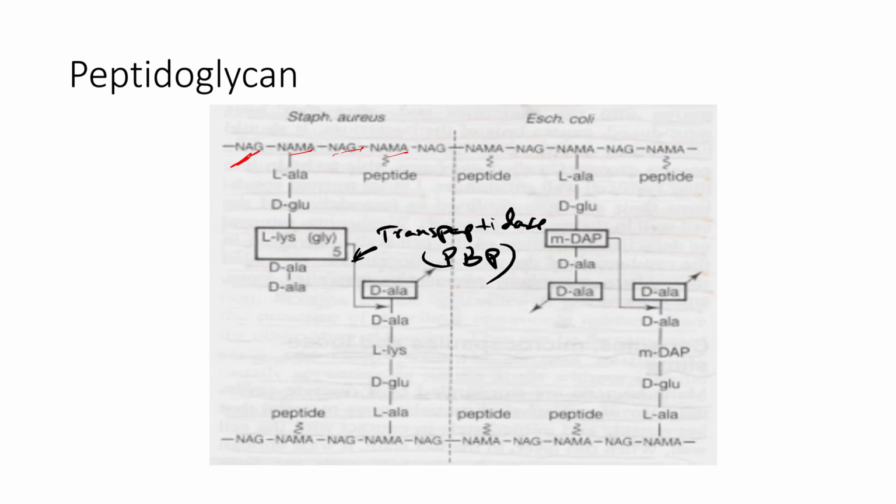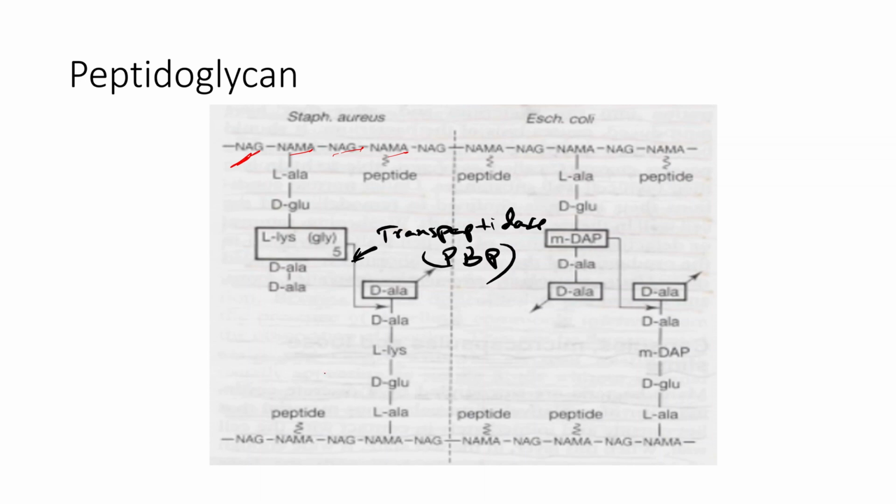Then there is a pentapeptide chain attached to the N-acetylmuramic acid molecule. In gram-positive bacteria, this is L-alanine, D-glutamic acid, L-lysine, D-alanine, D-alanine. That is the pentapeptide side chain attached to every N-acetylmuramic acid.